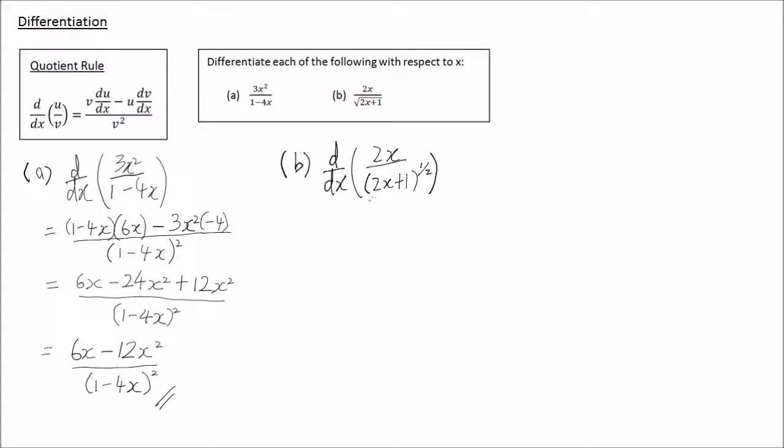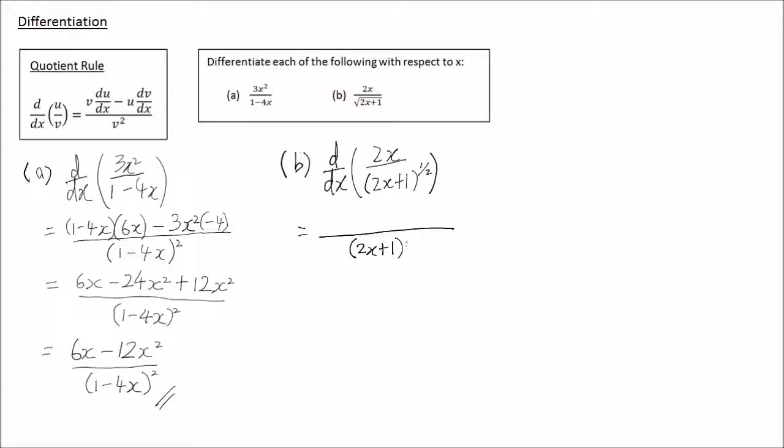Now differentiating this using the formula as shown here, first we write the square of the denominator. When we square an expression raised to the power of half, it becomes 1, because half multiplied by 2 will give you 1. So we are left with 2x plus 1 to the power 1.